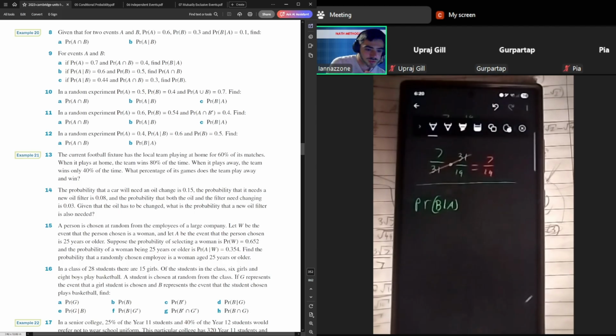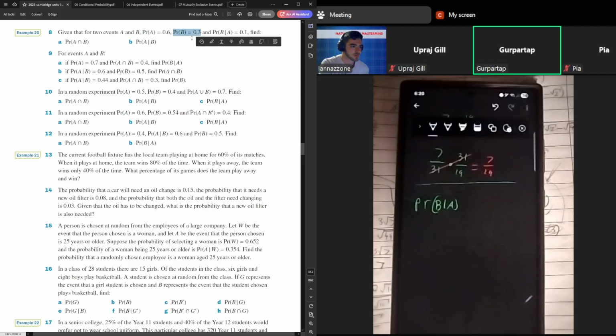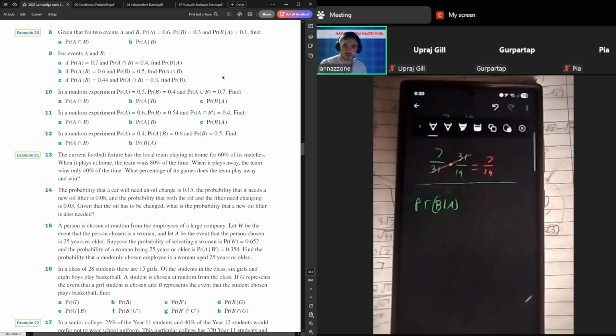Did you do what I did here, which is to rearrange this probability formula? It was P(A) times P(B given A). Yeah, so fundamentally, you're just rearranging. Did you rearrange that yourself, or do you have that formula from somewhere else? I have it written down. Okay, that's cool.